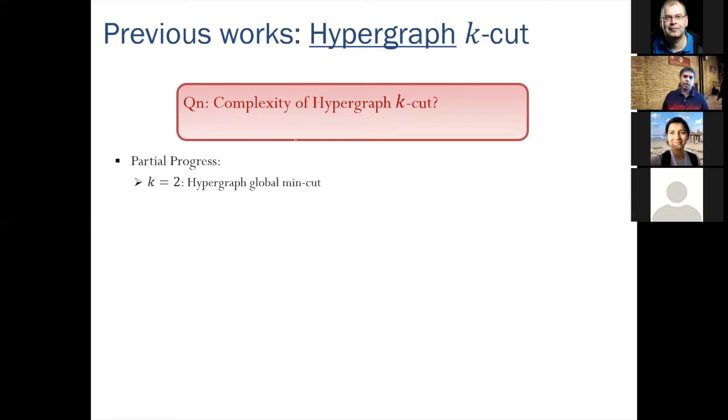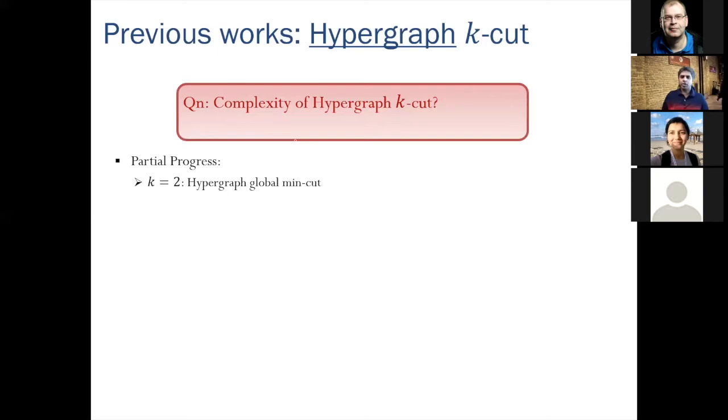And here is one approach to solve min-ST cut in hypergraphs. Consider the bipartite representation of the hypergraph. In the bipartite representation, we have nodes corresponding to vertices of the hypergraph on the left side, and nodes corresponding to hyperedges of the hypergraph on the right side. And each hyperedge node is adjacent to all vertices that it contains. This is the bipartite representation of the hypergraph.